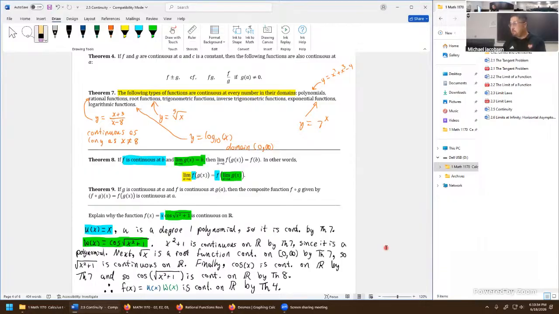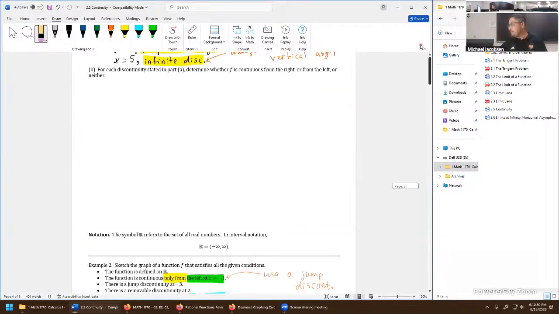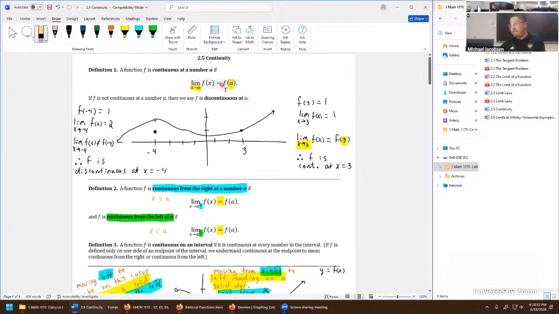Okay, well, now we know what functions are continuous, how we can combine them algebraically, how we can do a composition of them even with theorems 8 and 9 and still have continuity. The major thing to not ever forget, though, is continuity is basically just that right there.